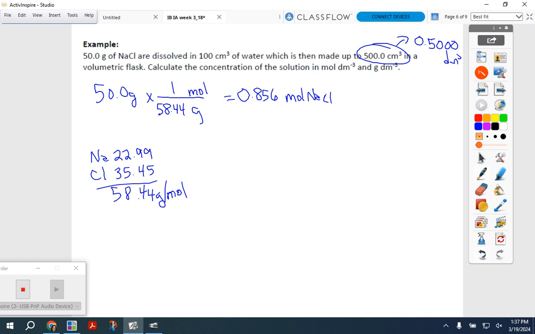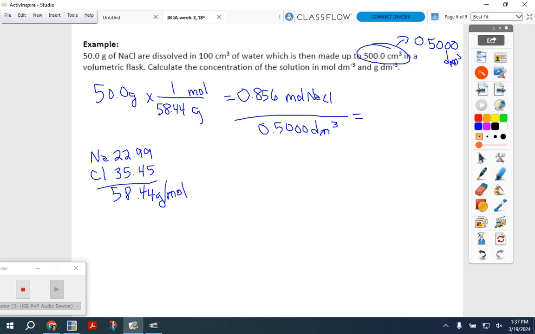All right. Forgive my crappy board. All right. So then we just take this and divide it by 0.5000 decimeters cubed. Someone want to?